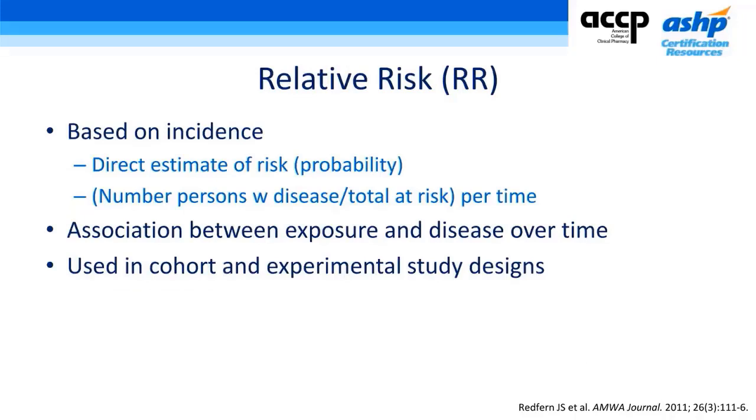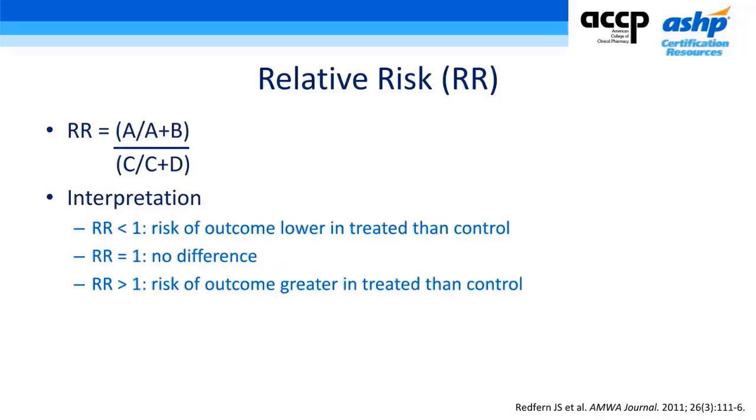Relative risk, on the other hand, is based on incidence. So it's the direct estimate of risk, or basically the probability. It is an association between exposure and disease over time and is used for cohort and experimental study designs. Here's the calculation for relative risk.